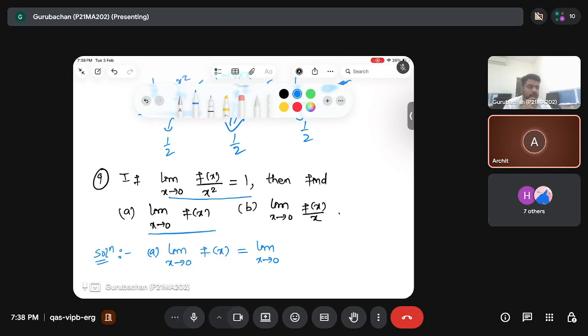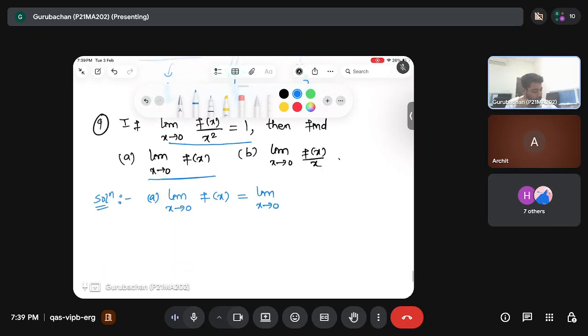How do you know that f of 0 is 0? Sir, because f of x by x square's limit is equal to 1 and x square is equal to 0 at 0. So if f of x is not 0, then this limit will not exist.